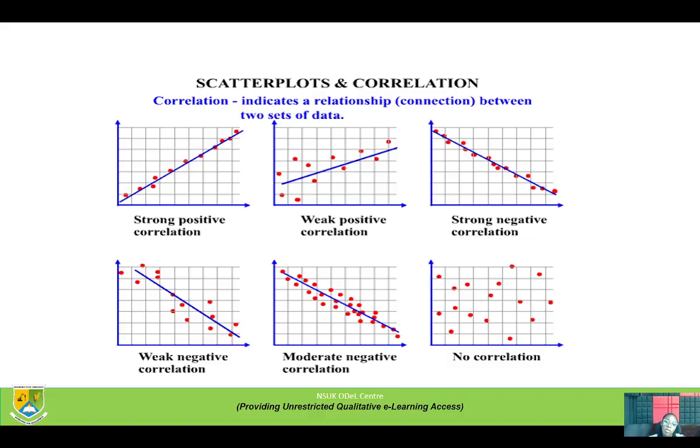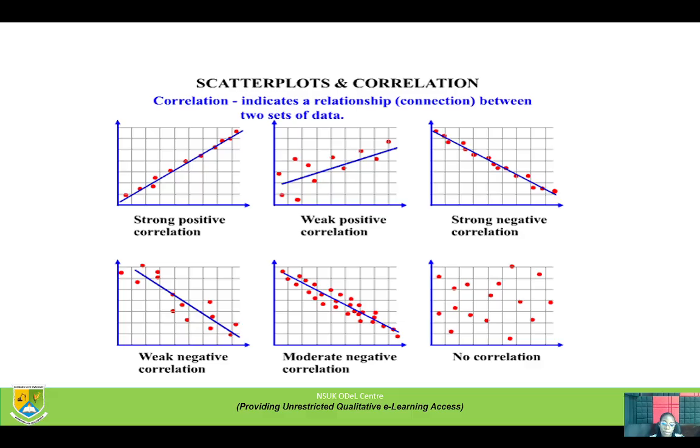Plot 2 represents a positive correlation, or sometimes called a weak positive correlation. Plot 3 represents a strong negative correlation or a perfect negative correlation. Plot 4 represents a weak negative correlation or a negative correlation.